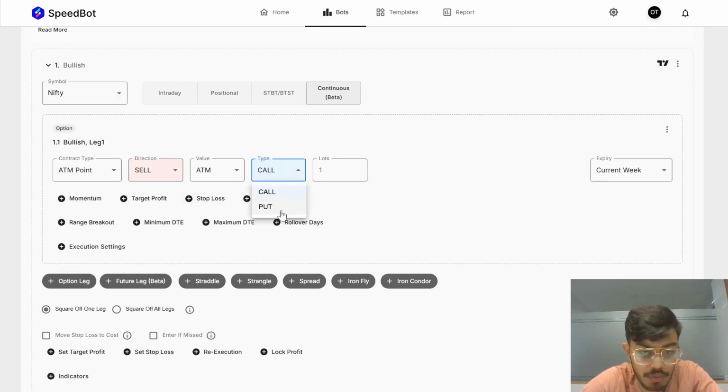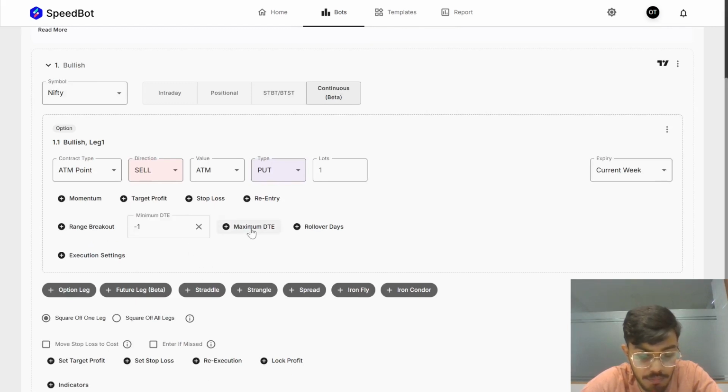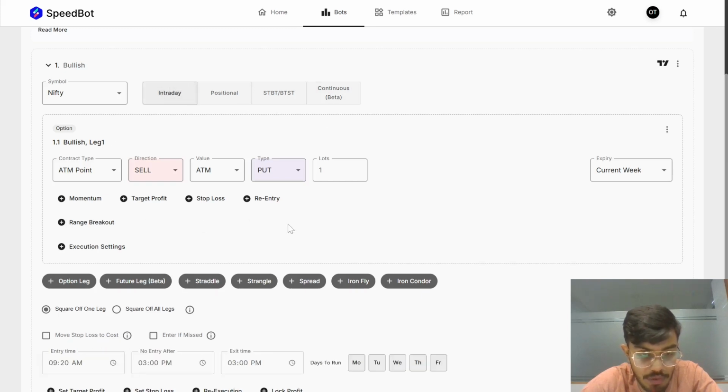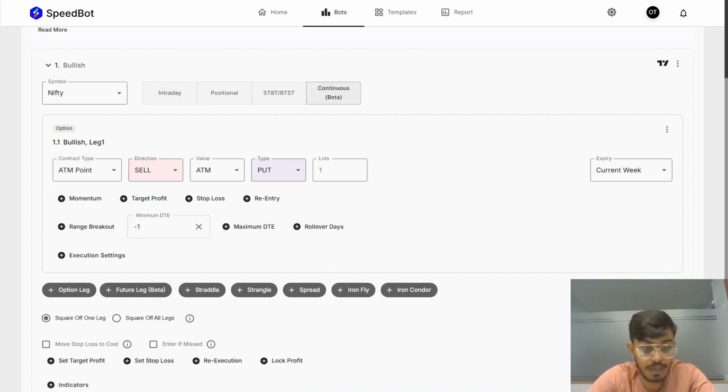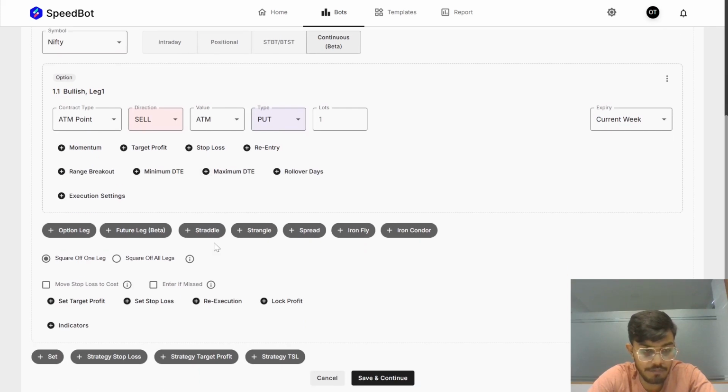I'll be shorting the put, 1 lot, current expiry on weekly expiry, perfect, like this. And I get a few more options. If I select it as intraday, these options get removed. But if I click on the continuous button, then I get this. We'll cover these 3 in a few moments.